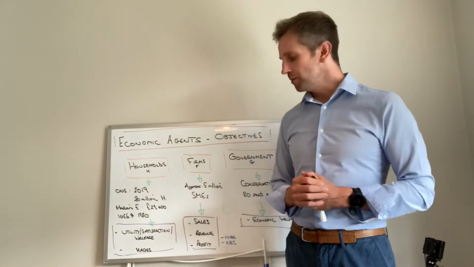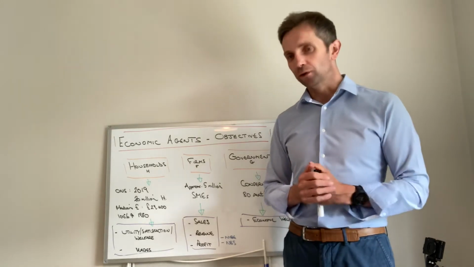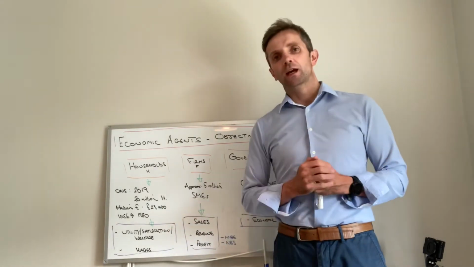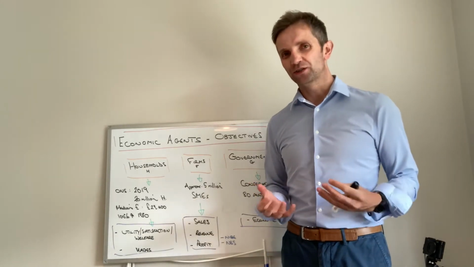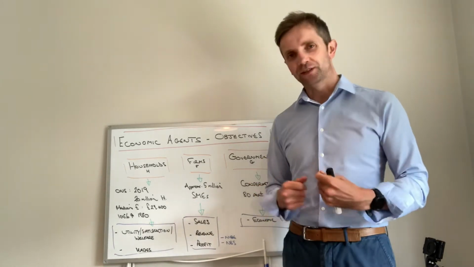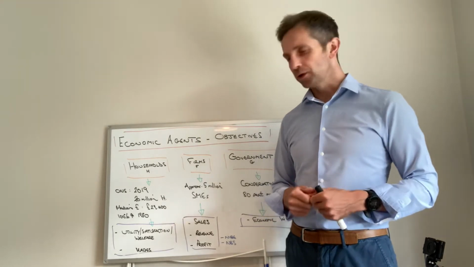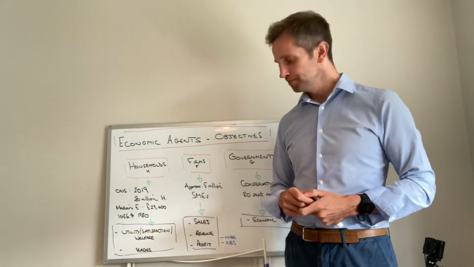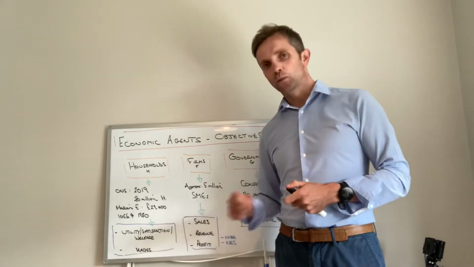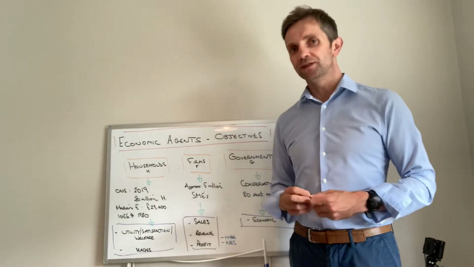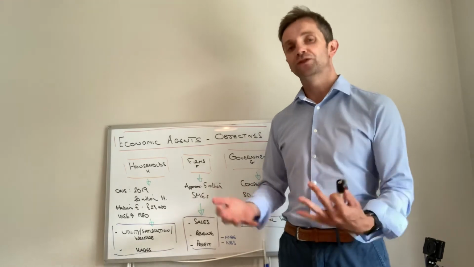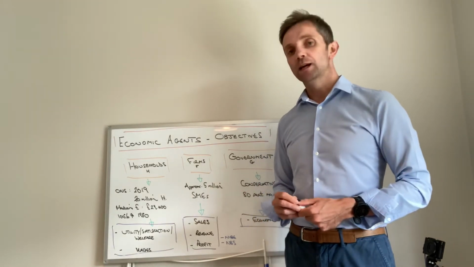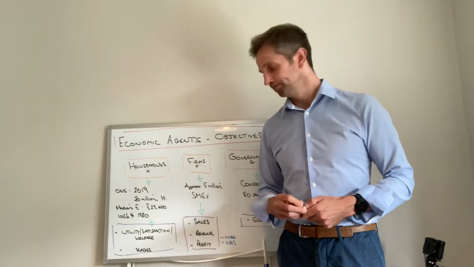Households' main objectives are twofold. Number one, they wish to maximise their utility. In economics, utility is just a fancy term for their satisfaction or their well-being or their welfare, the standard of living. And the other thing most people wish to maximise is, of course, their wage, because with that increased purchasing power, that enables you to increase your standard of living.